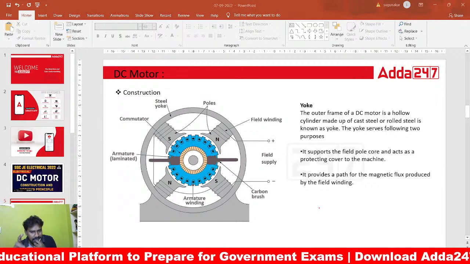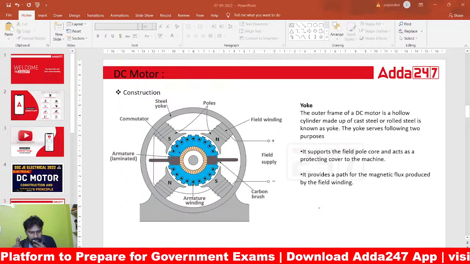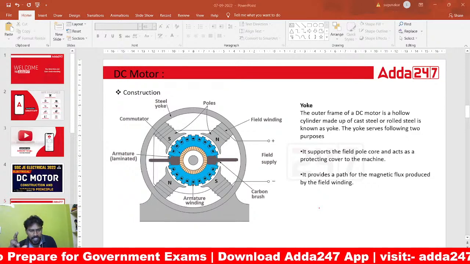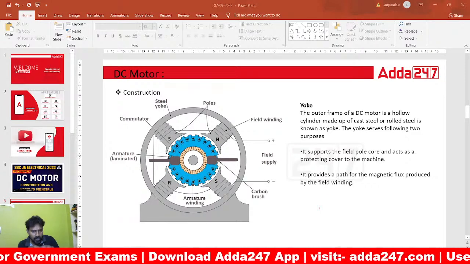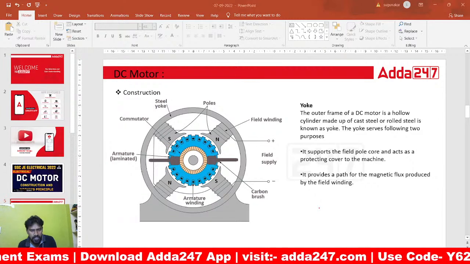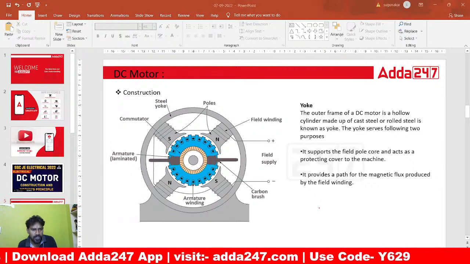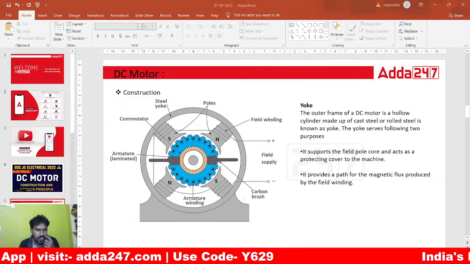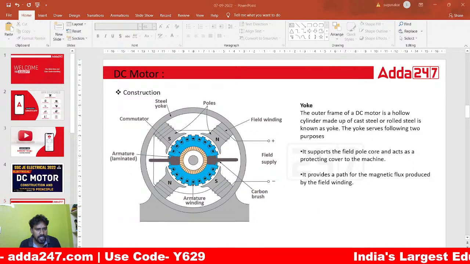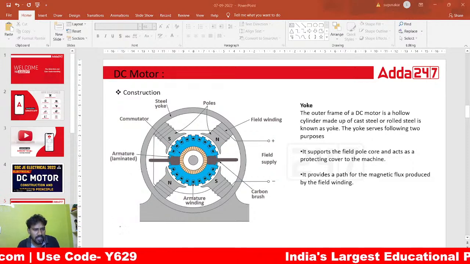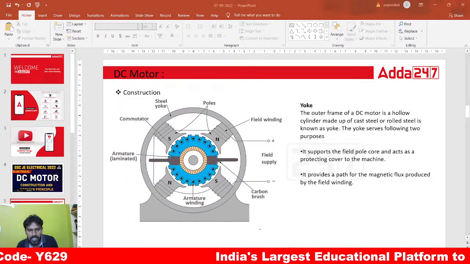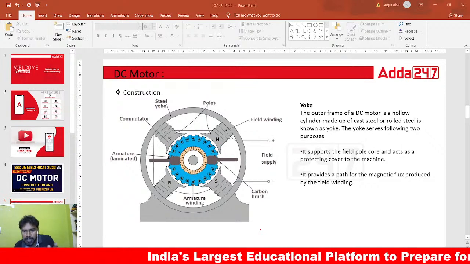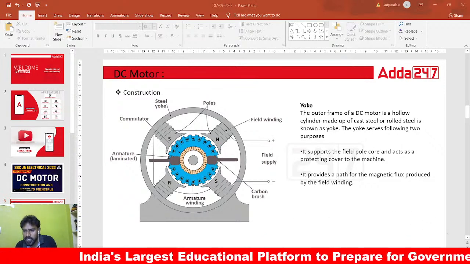You can see this physically in the laboratory. A small metal box is there, protecting the brush. Next, the pressure exerted between the brushes and the commutator is adjusted and maintained at a constant value by means of springs.